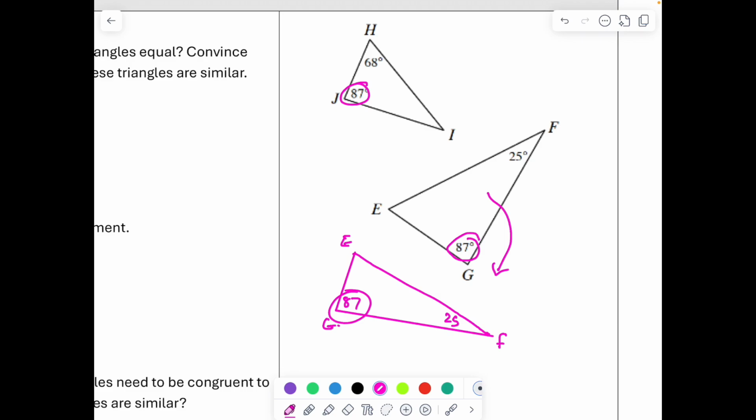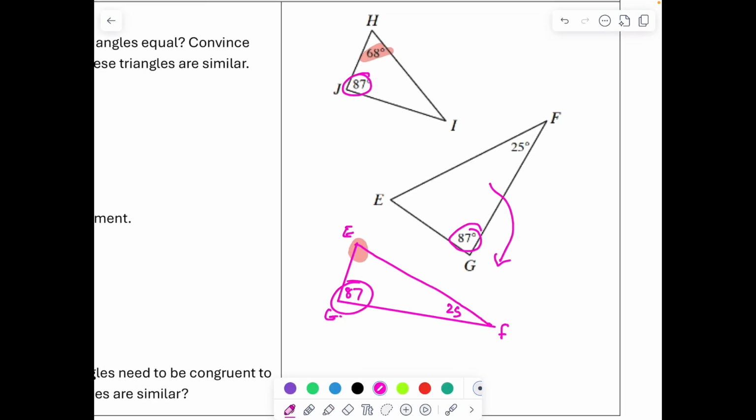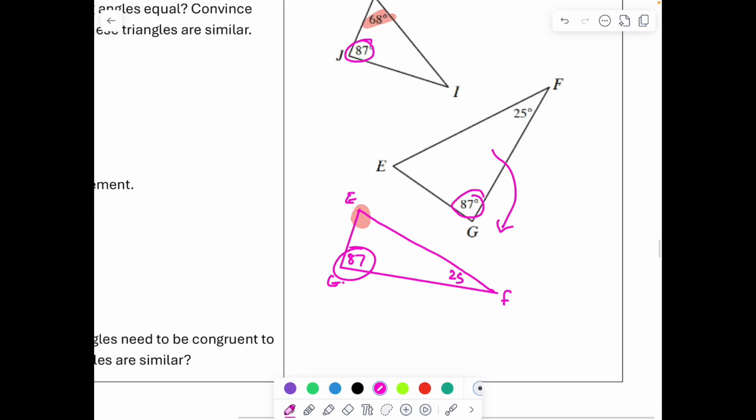Okay, yes, 87 corresponding. Now, we have two different angles. We have 68 and we have 25. So what we could do to check to see if, for instance, E is also 68 like H, we could use the triangle angle theorem, which says that all the angles are supposed to add up to 180.